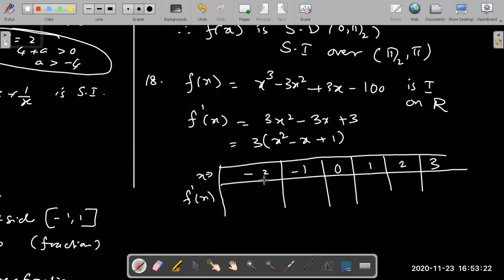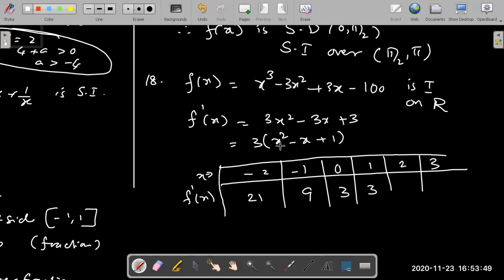So f dash minus 2, that means 4 plus 2, 6 plus 1, 7, 3 times 7, 21 you get. Minus 1, then this is plus 1, and this is plus 1, and plus 1. So 3 times 3, 9. When you give 0, it is 3. When you give 1, it is 3. Because 1 minus 1, 0, 3 times 1, 3.